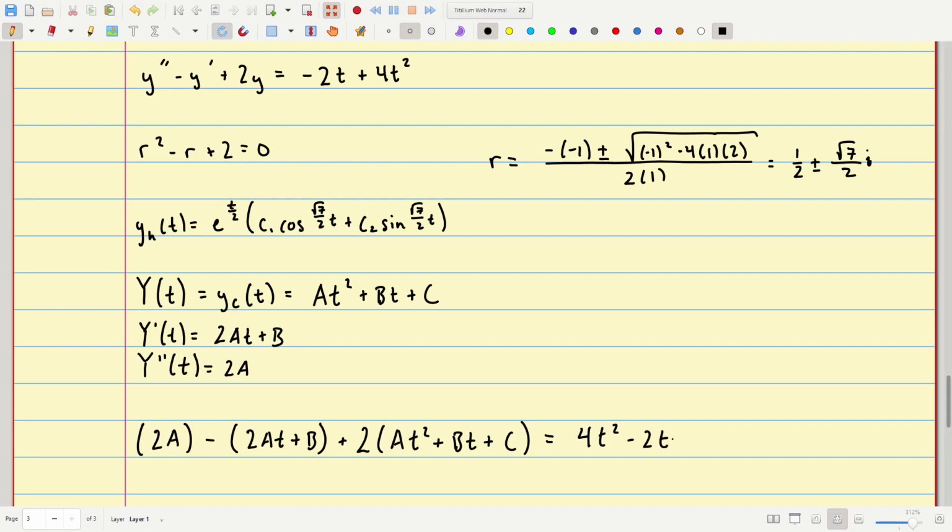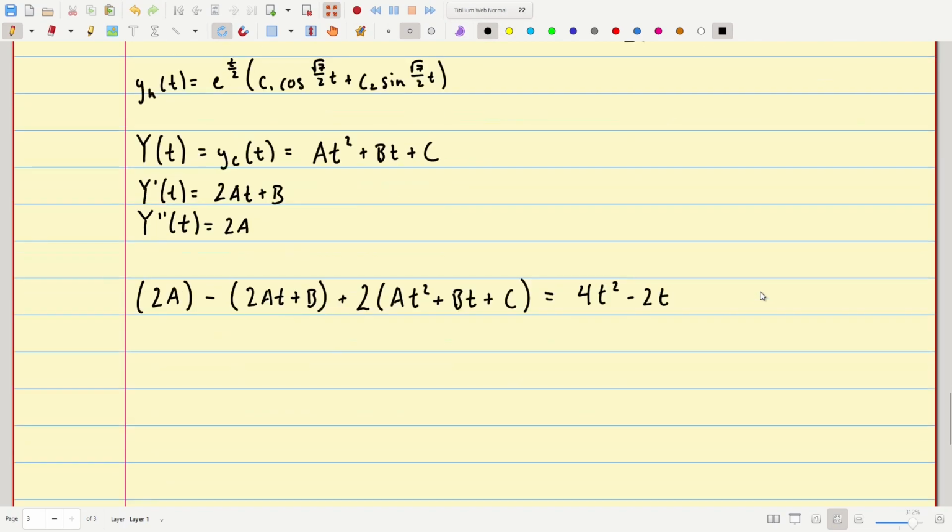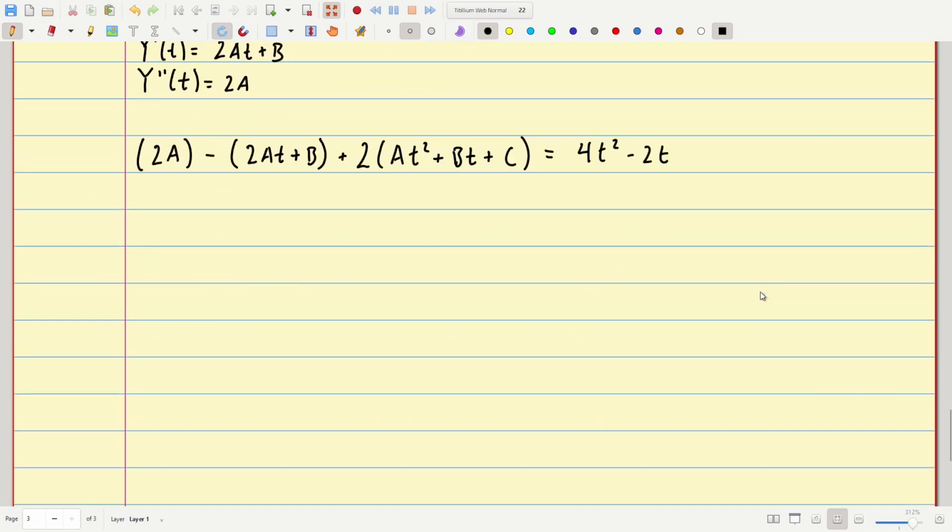Double check, make sure we have everything copied correctly before moving on. Seems to be okay.